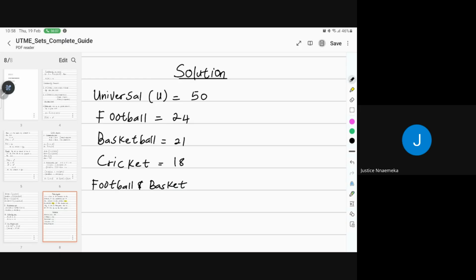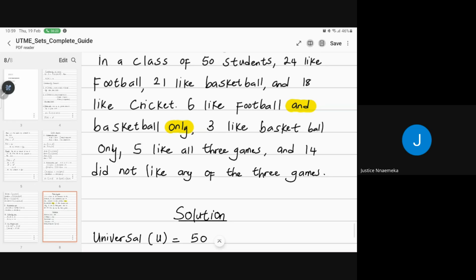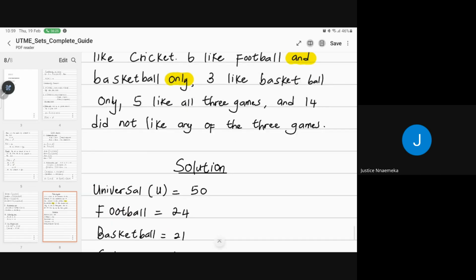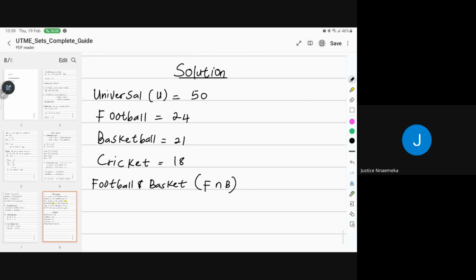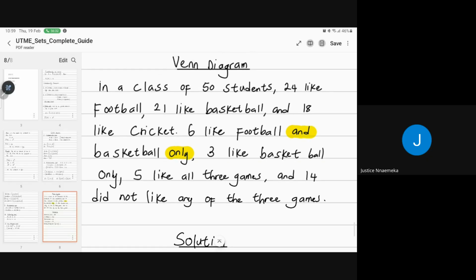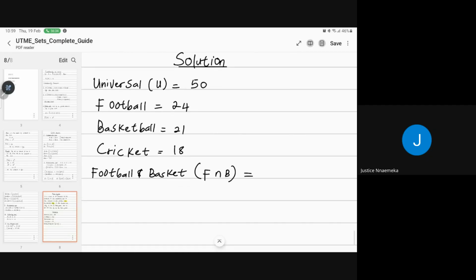Football and basketball talks about your intersection between them, right? Good. So football, let's use F, and basketball. This is football and basketball only, right? How many of them do you have there? 6 of them.